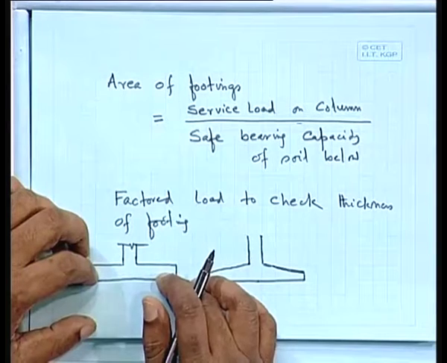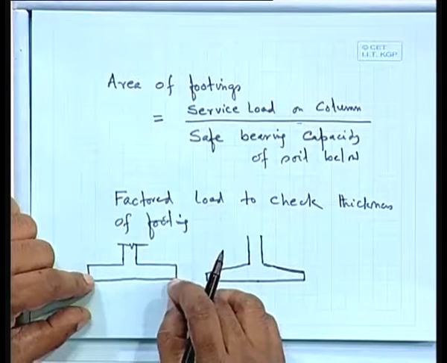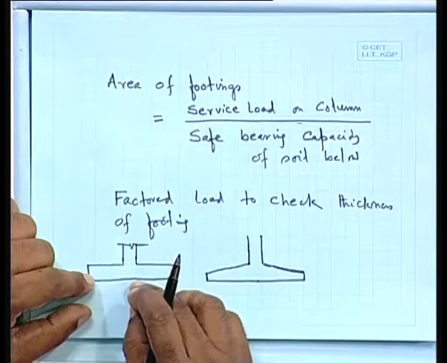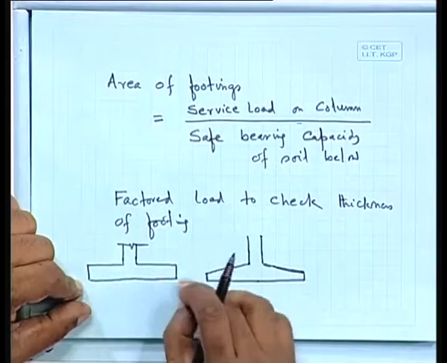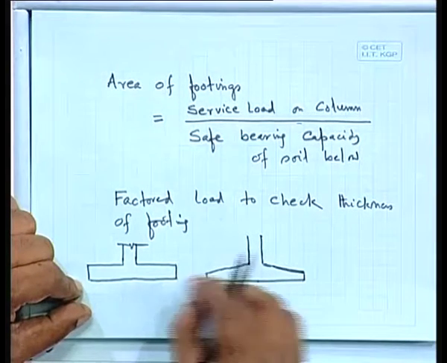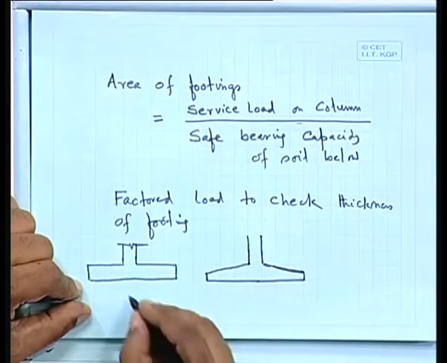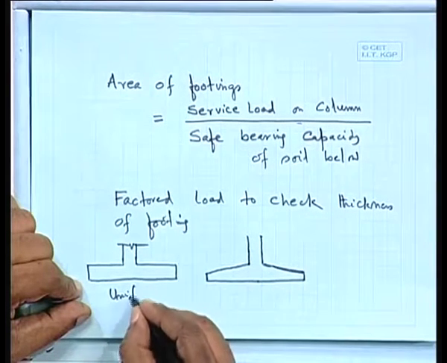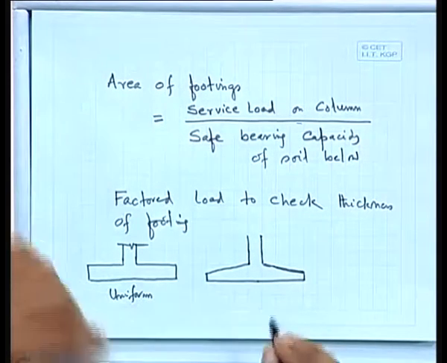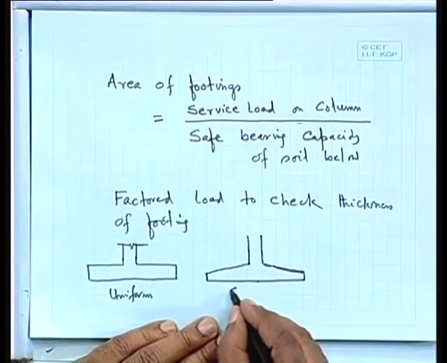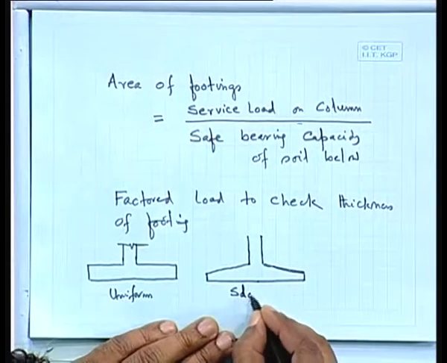So bending moment here 0, here bending moment maximum. So I can reduce my thickness. This way I can make it, this is uniform, then sloped.